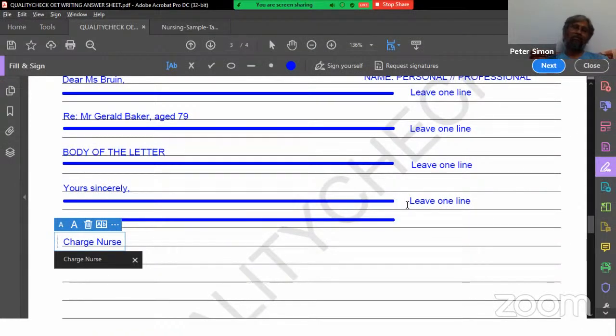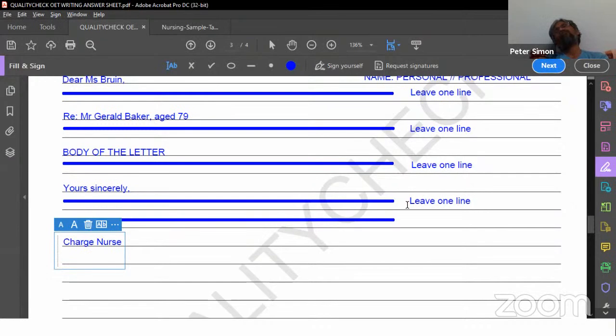You are a charge nurse. And many people write charge nurse and leave it. How can you leave it when the information is given? Your address is given there. Name is not given.